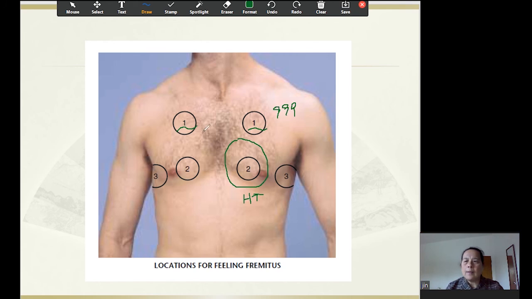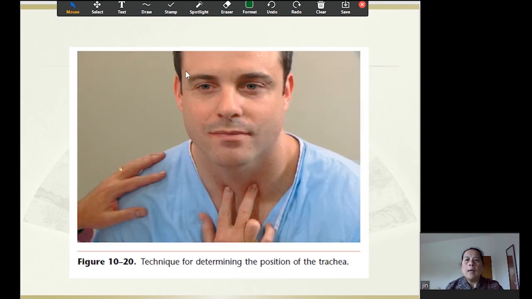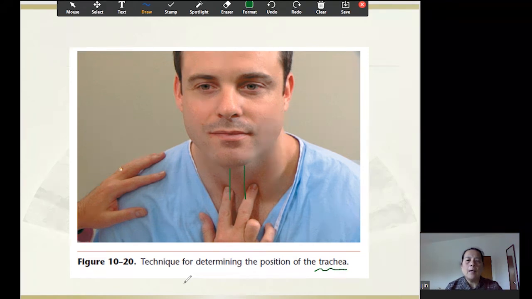So this part is pretty similar to checking the back. But for the anterior part, we have something special here: the trachea. The trachea should be located in the center. To check it, put two fingers on both sides of the trachea and see if it is still in the center.